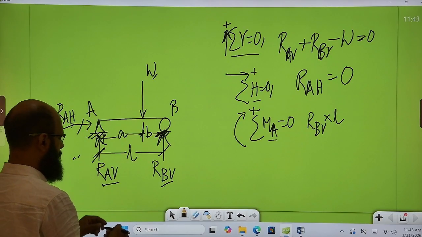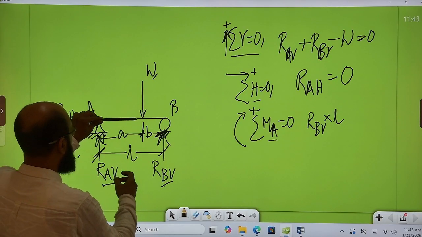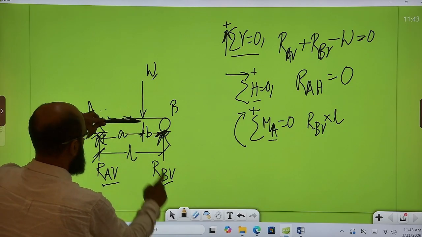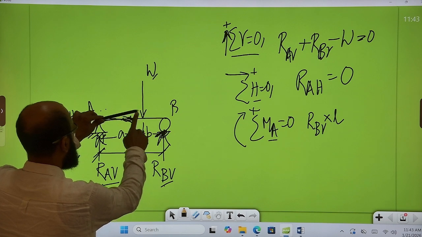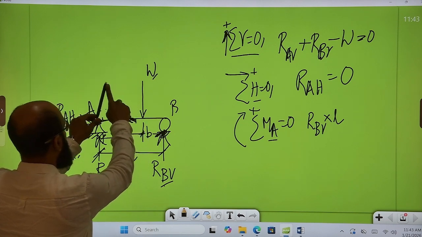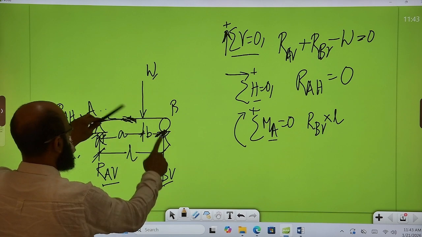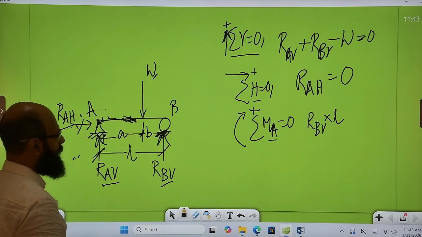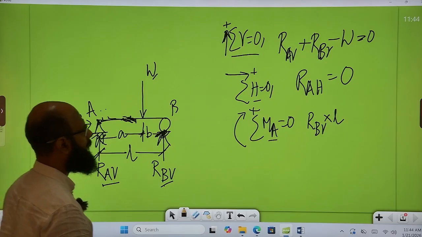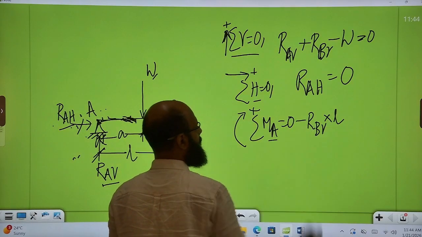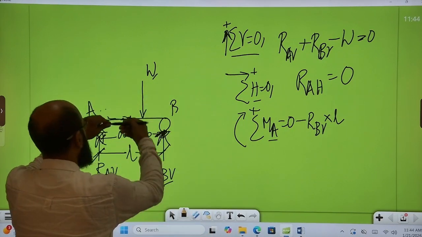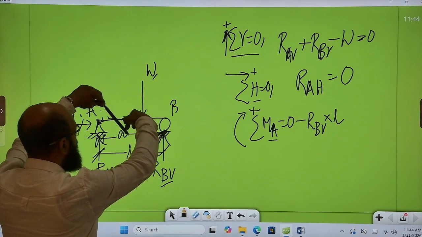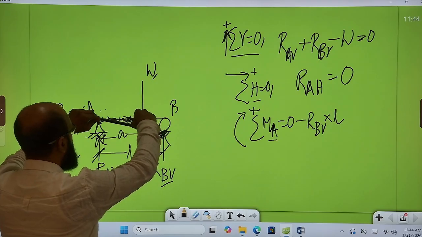I can put my pen here; this RBV will tend to move the A point in anti-clockwise direction, so it will be negative. And this W load will try to move the A point in clockwise direction.